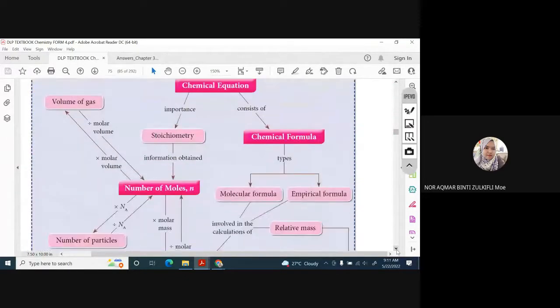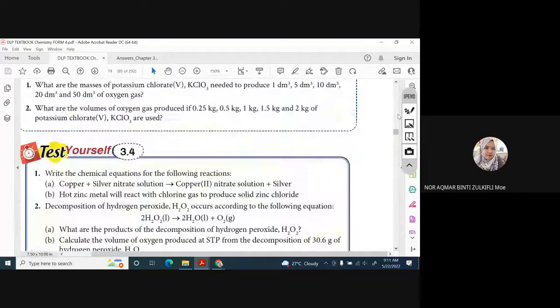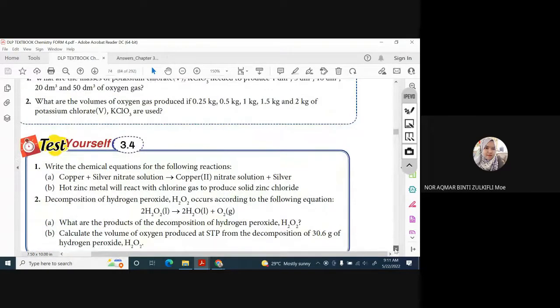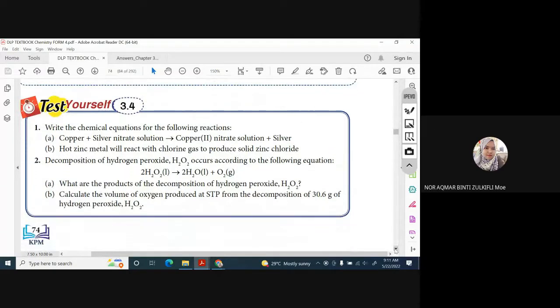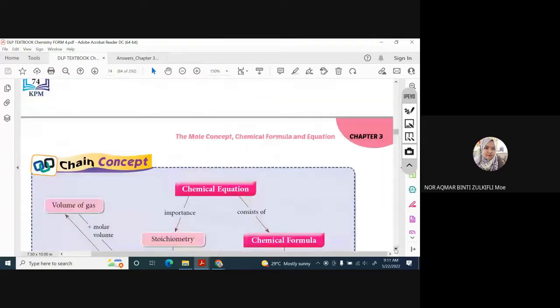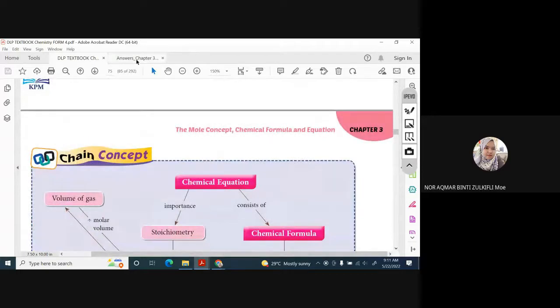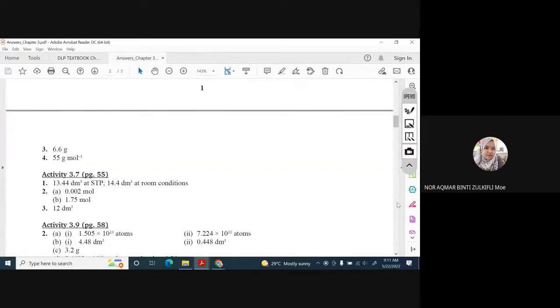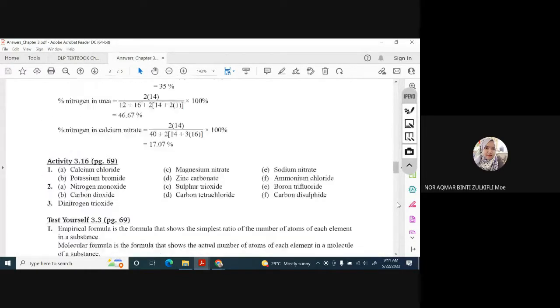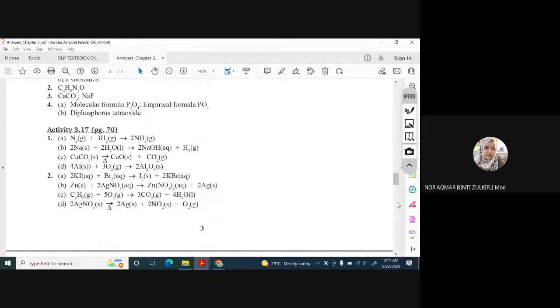Habis. Okay, so try to practice. Ini ada test yourself 3.4. Cubalah buat question number 1 ke number 2 ke, and then you compare your answer. Okay, here I will share this one to you. Ini complete answer. Tak faham boleh personally WhatsApp cikgu. Ini ada jawapan yang untuk 3.17 balance the equation.